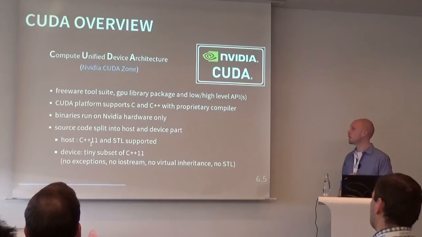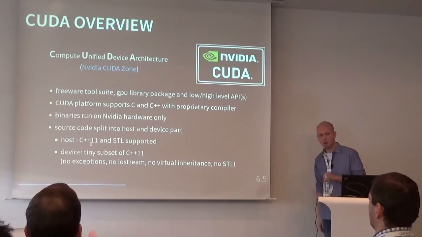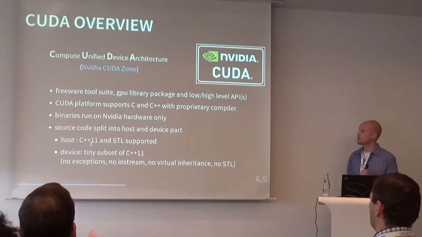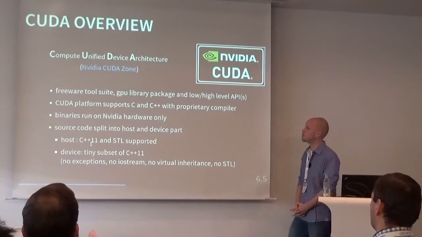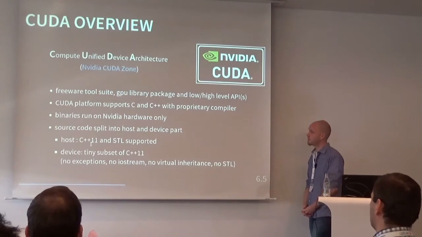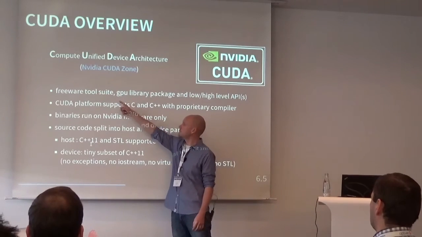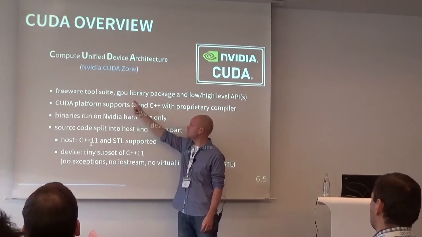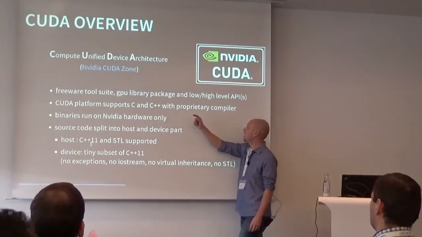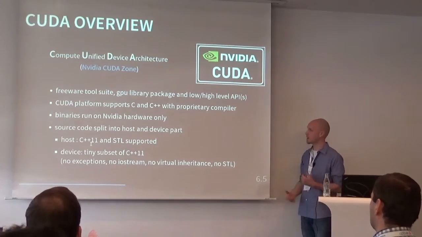So let's start with CUDA. CUDA is an abbreviation for the Compute Unified Device Architecture that NVIDIA offers. It's actually a lot. It's a freeware tool suite, it's a GPU library package, it's also a low and high level API, and it's also somewhat a compiler.